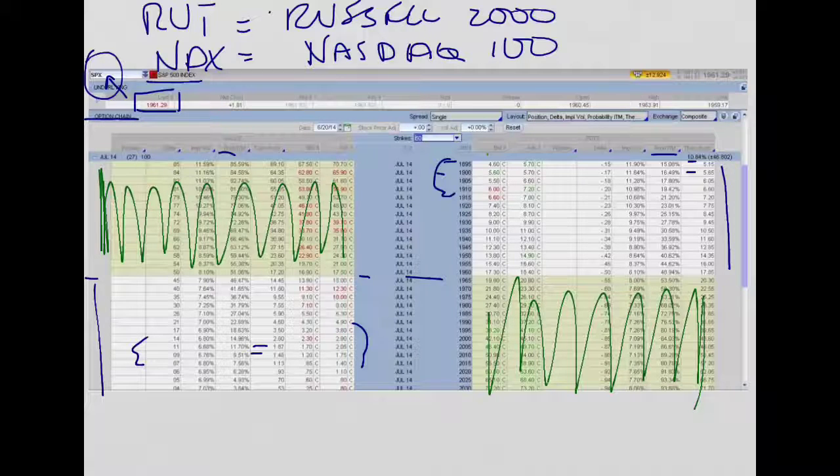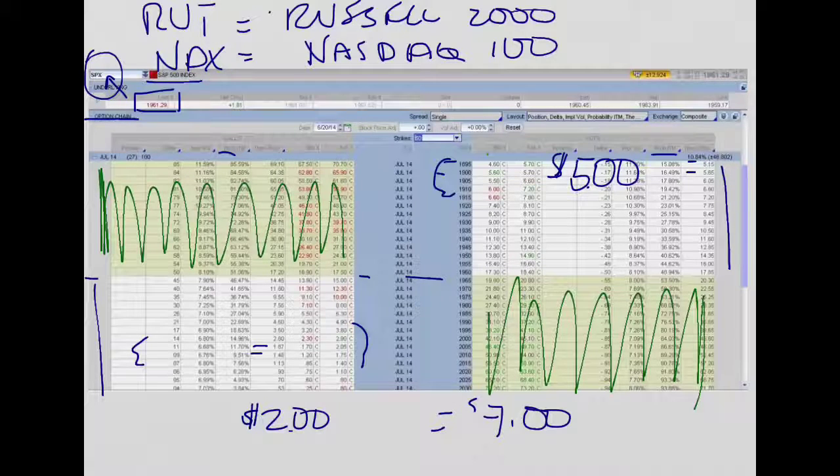And what we're doing is we're just going to collect the premiums that we actually see here. So if we sell these at $5, that would be great. And if we sold these at, say, $2, that would be great. And we would collect a total of $7 in a 30-day period.